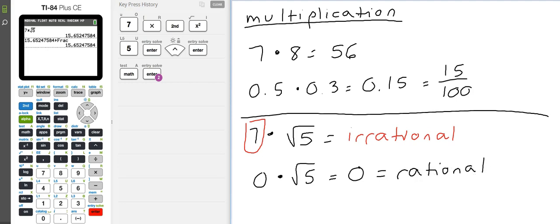So since our rational number was 0, it made the product a rational number. Whenever you're multiplying a rational number that's not 0 by an irrational number, you're going to get an irrational number. Whenever you're multiplying a rational number that is 0 by an irrational number, you're going to get a rational number, because 0 times anything is 0, which is a rational number.